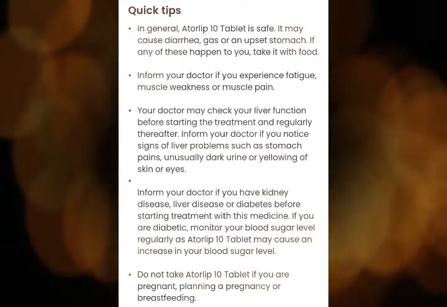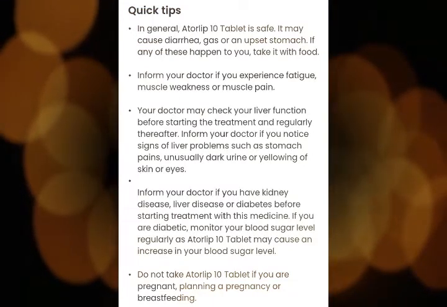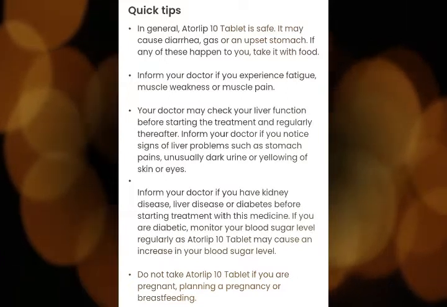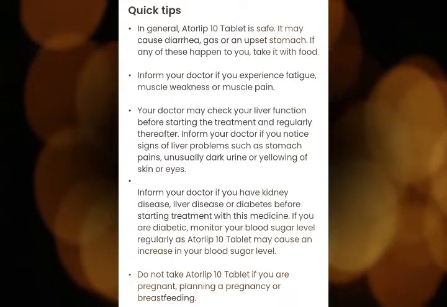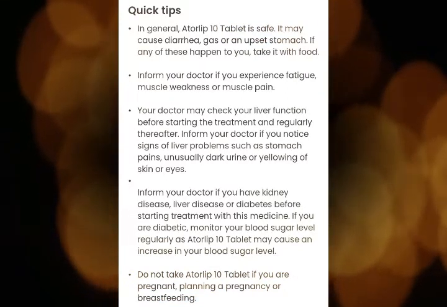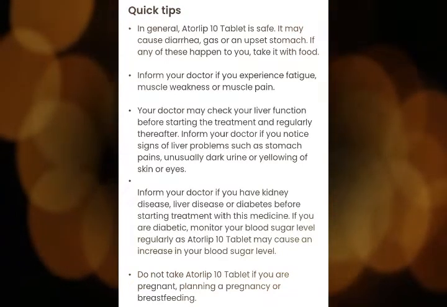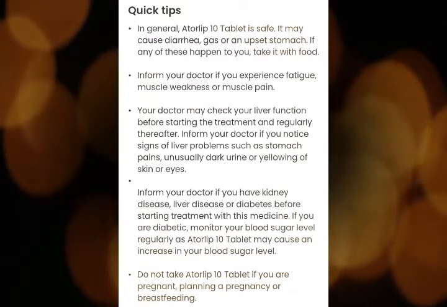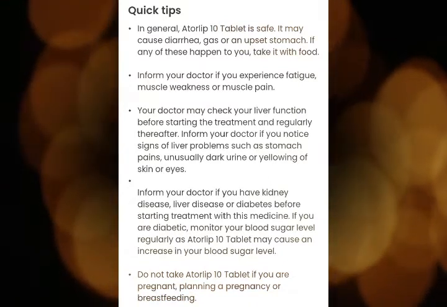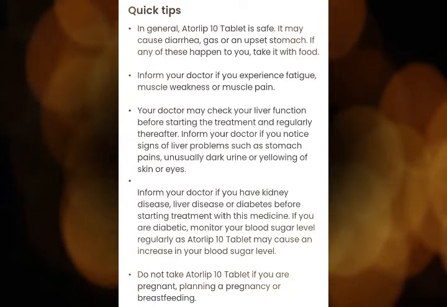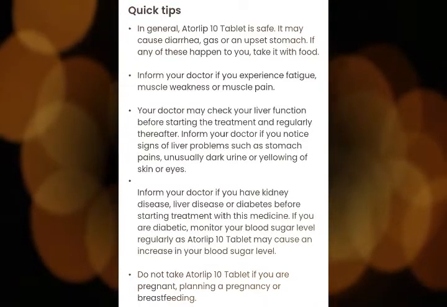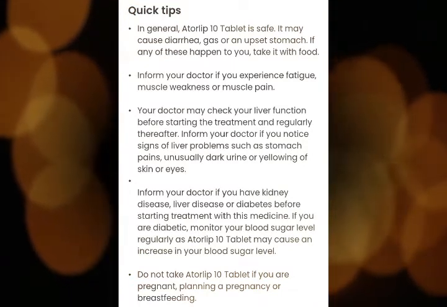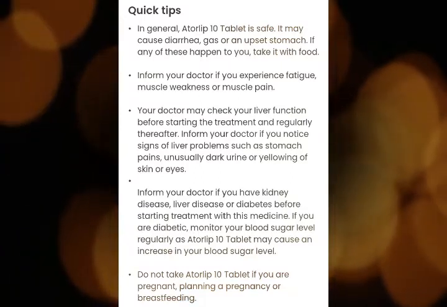All-cause mortality was 9.1% for atorvastatin versus 8.9% for placebo. In a post-hoc analysis, atorvastatin 80 mg reduced the incidence of ischemic stroke and increased the incidence of hemorrhagic stroke compared to placebo.